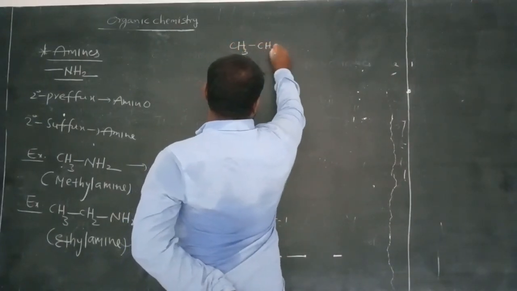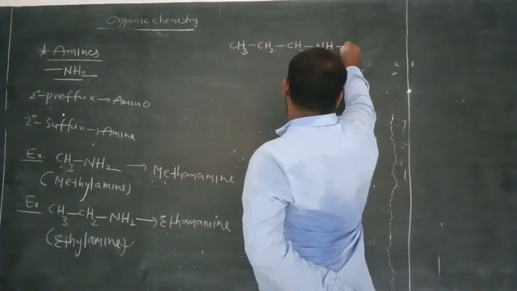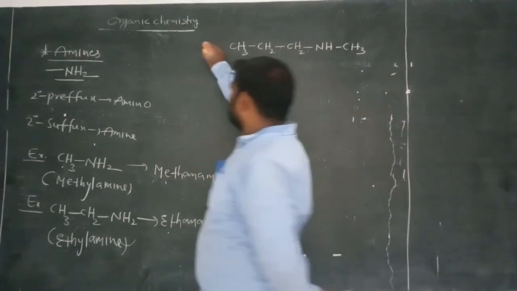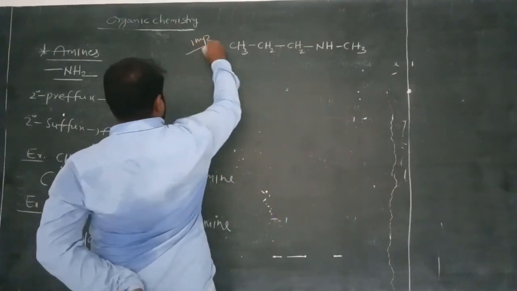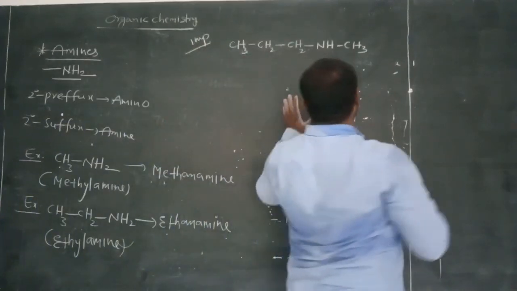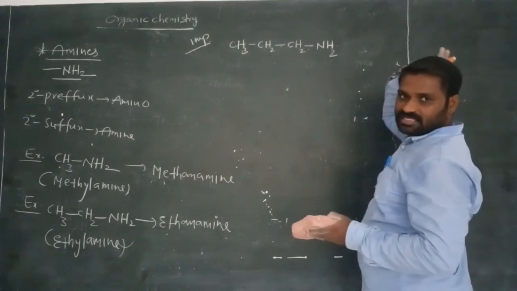CH3 bond CH2, CH2 bond NH bond CH3. Note it down, important one for amines. Okay. So is it an amine or not? Clearly amine. Why? Suppose here CH2 is there, this is amine.